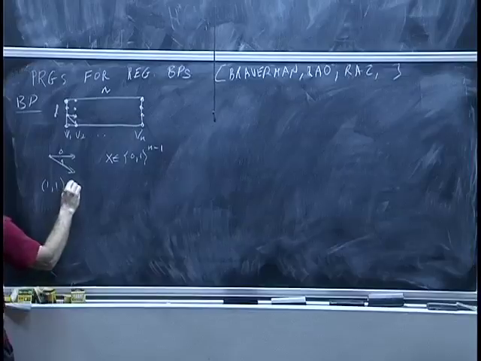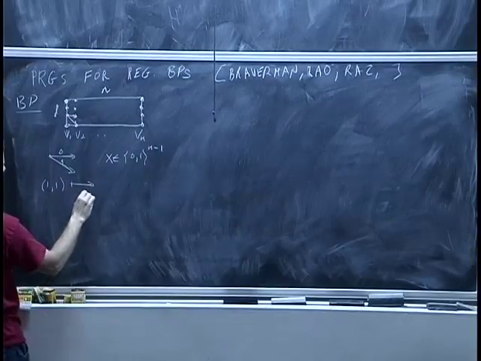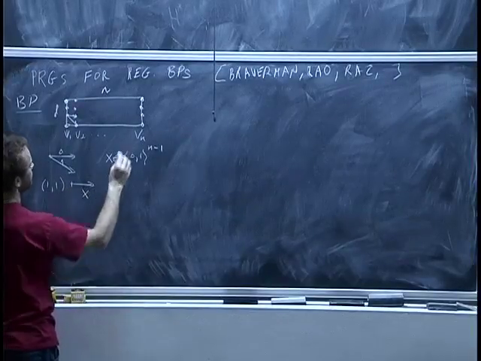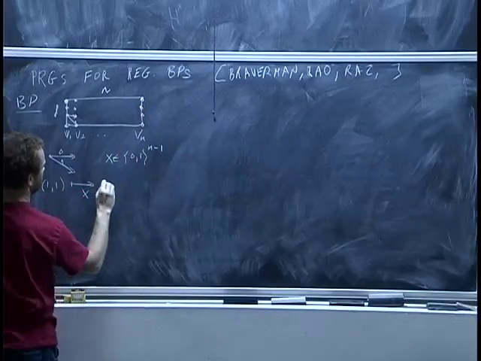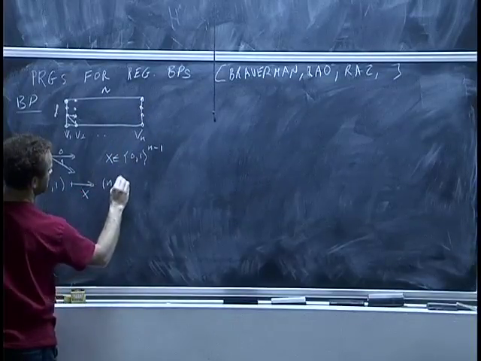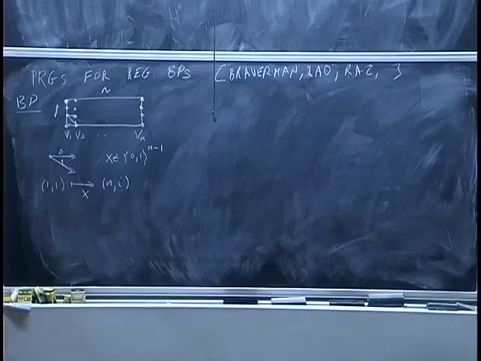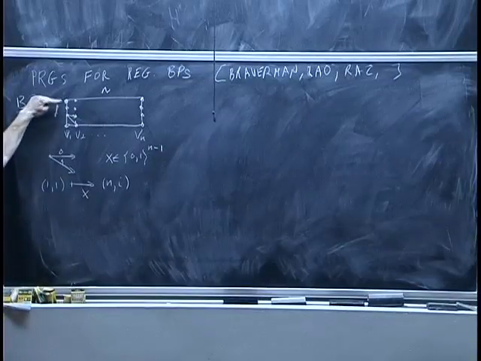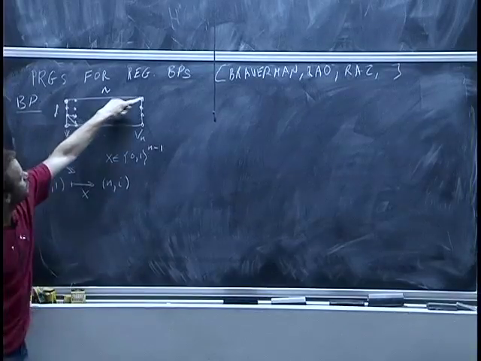From 1, 1, we use x to get to some vertex in the last layer. So every x takes us from this vertex somehow to this.